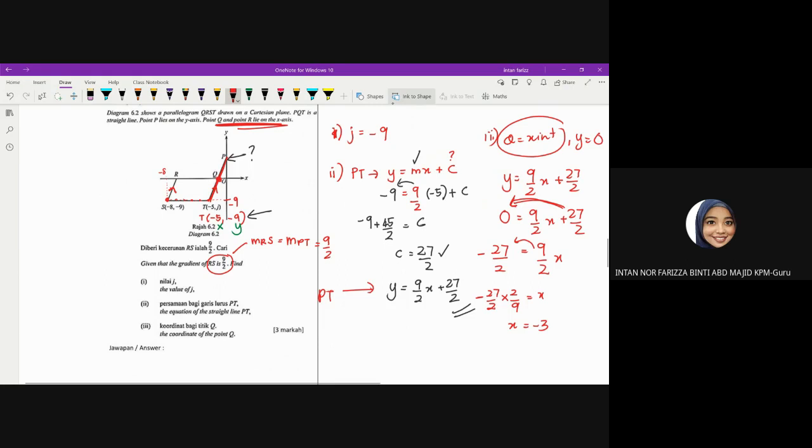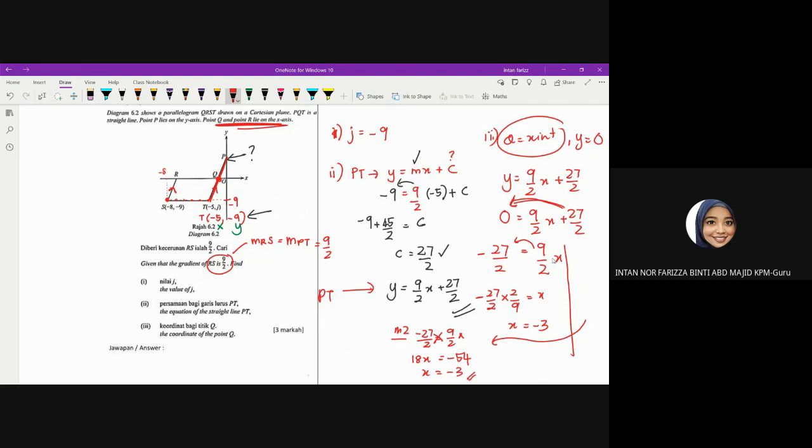Okay, kalau you nak cross multiply, fine, boleh, tak ada masalah. Okay, so kalau you nak cross multiply, dia akan jadi macam gini. Sekejap, macam mana nak, tak ada space lah pula. Okay, never mind, I write it here. Okay, method 2, if you want to cross multiply, dia akan jadi 27 negative over 2, 9 over 2x, cross multiply like this. So you get 18x equals to negative 54, and that will be x equals to negative 3.